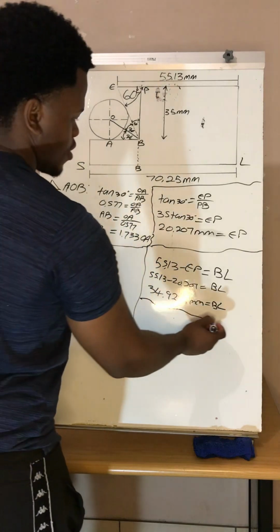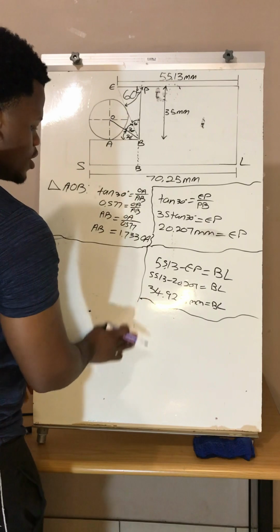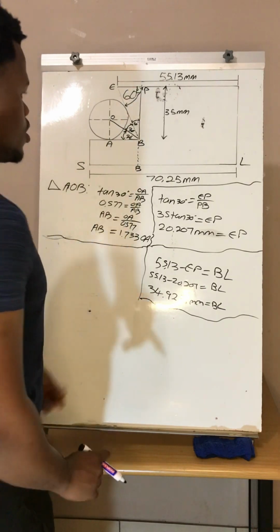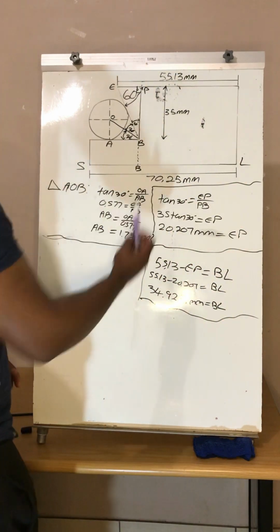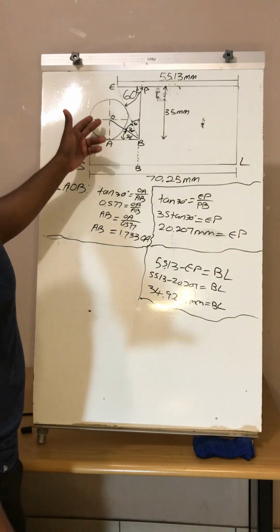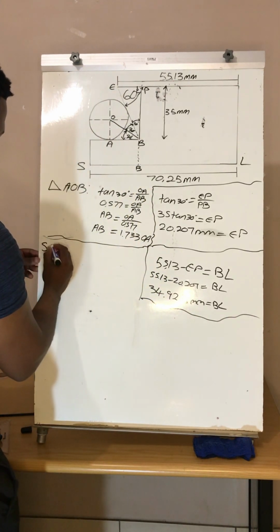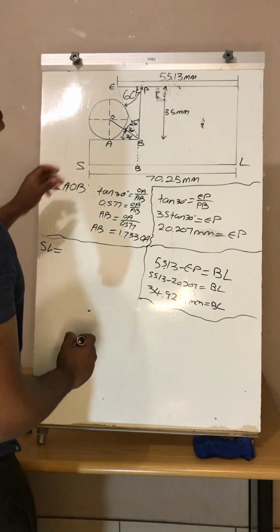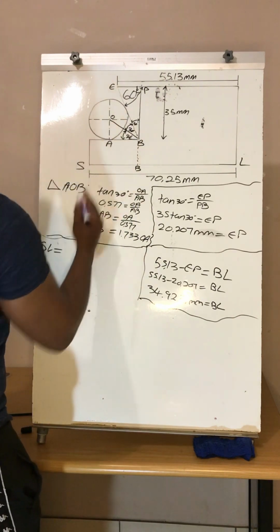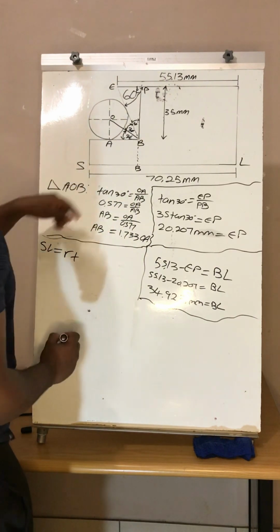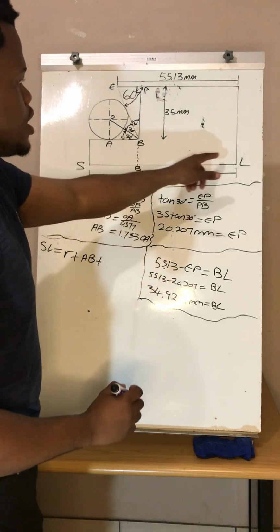Having found our BL, we can look at our overall formula of what SL is composed of. SL is equal to the radius plus AB plus BL.